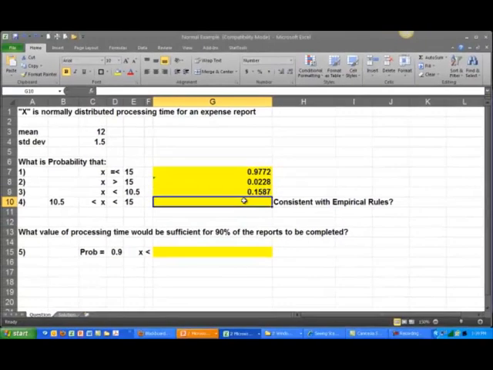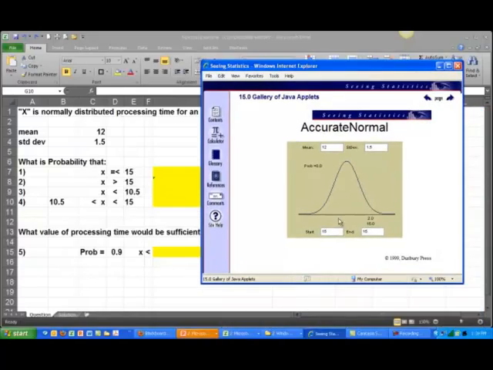Another interesting question is, supposing I want to know the probability of an expense report being processed in somewhere between 10.5 minutes and 15 minutes. How would I do this? We'll use an approach that should be familiar to us, the same approach that we used in the binomial distribution case.